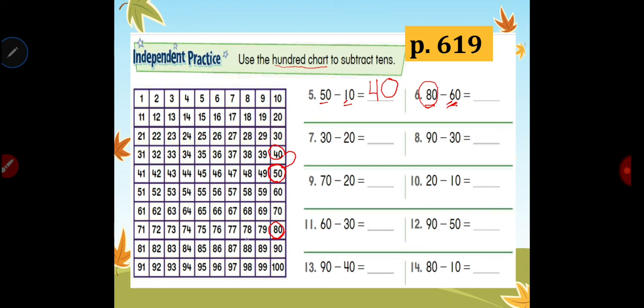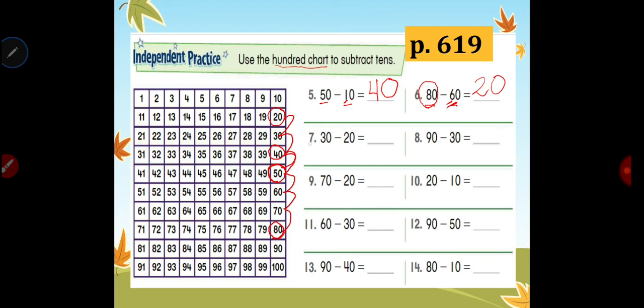It means we are going to move up 6 times. So from 80, let's move together. 1, 2, 3, 4, 5, 6. We landed on number 20. So the answer is 20. 80 minus 60 is equals 20.